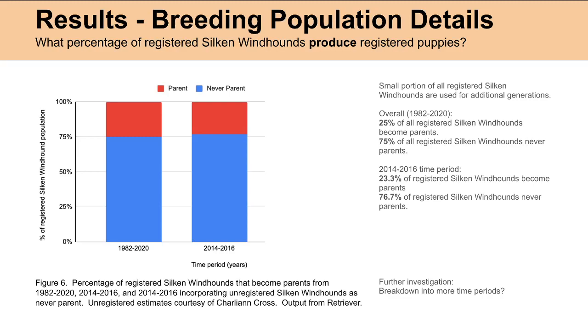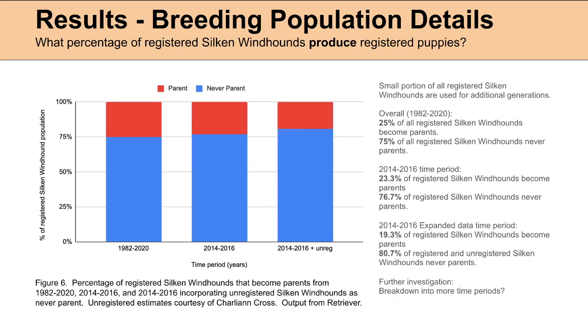And this number decreases even more if you look at the unregistered puppies, the numbers that I got from Charlie Ann Cross. So if you incorporate the unregistered Silken Windhounds who cannot breed and be incorporated into our breed registry, and you combine them with the never bred Silken Windhounds, then the total population of Silken Windhounds that are becoming parents drops to 19%.